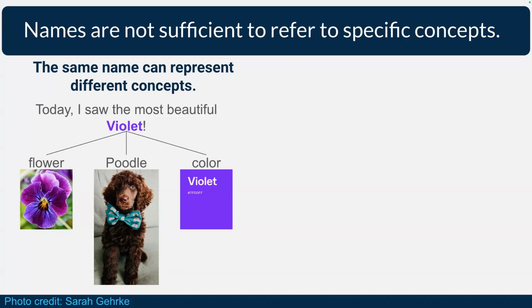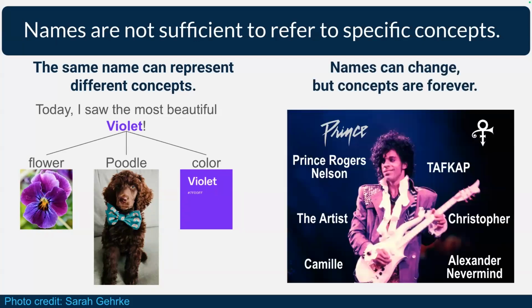If I tell you I went to the botanical garden and I saw the most beautiful violet, you will probably assume I mean the flower, but the poodle might have been in that botanical garden. So the same name could mean different concepts, and just using the name is not always helpful.